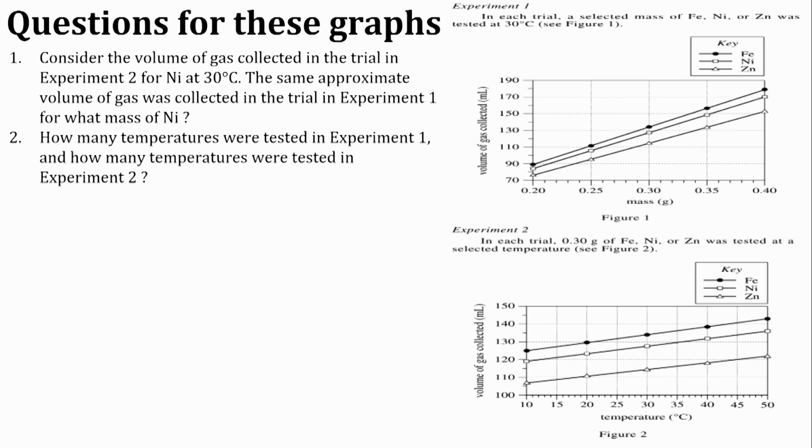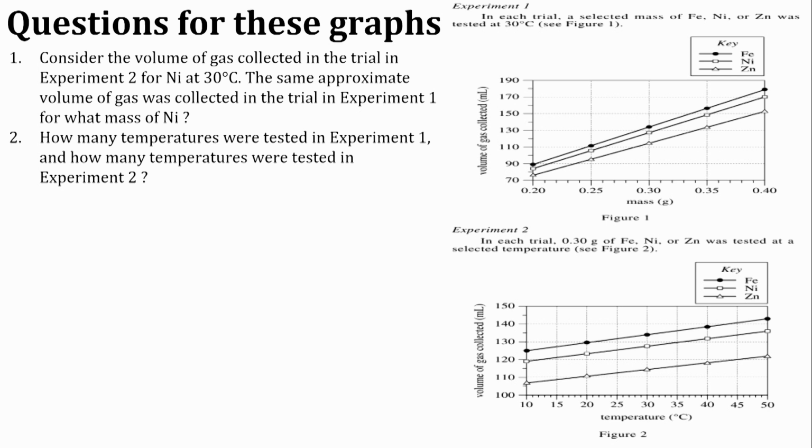Let's look at Figure 2 and just count the amount of trials that you're seeing. I see points plotted above 10, above 20, above 30, above 40 and 50. So those were the only temperatures that were tested, because that's the only thing that we have data for.